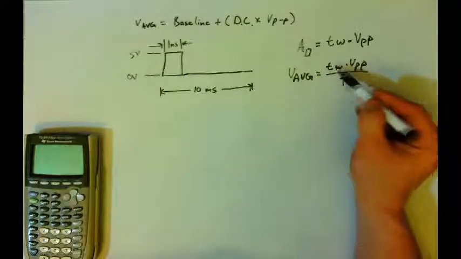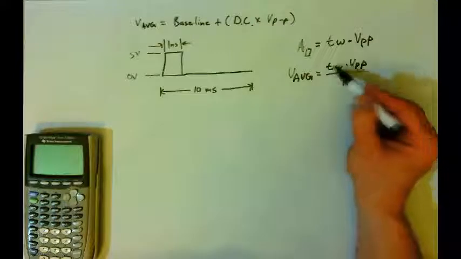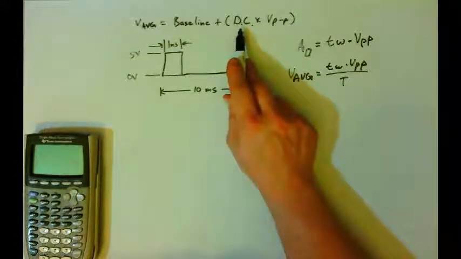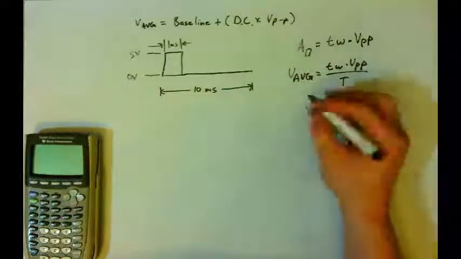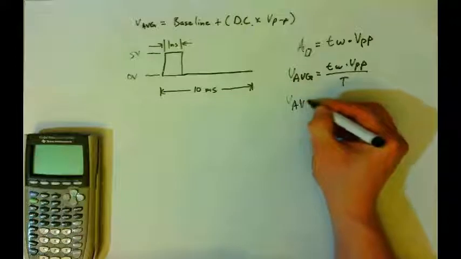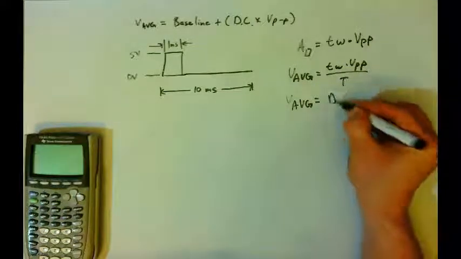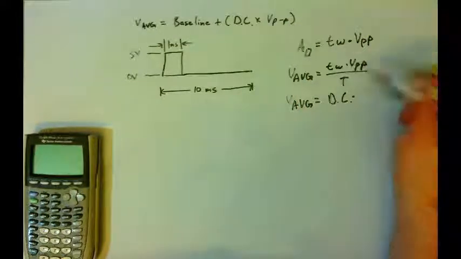The duty cycle is multiplied by 100% if we want to express it as a percentage. Without that, it'll be a decimal. And in this formula, that's actually what we want. The duty cycle here needs to be a decimal so that we can multiply by the peak to peak. And so what this says is that the average voltage is equal to TW over T, which is the duty cycle, times V peak to peak.